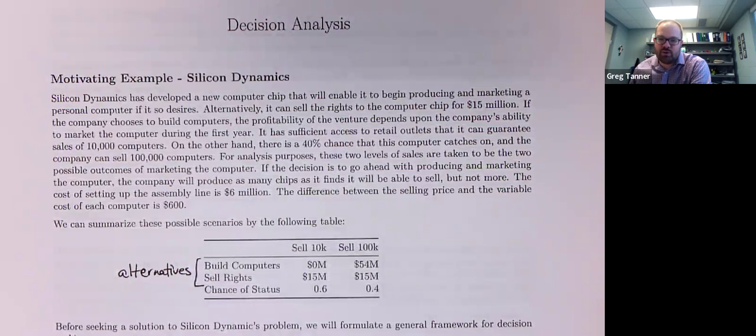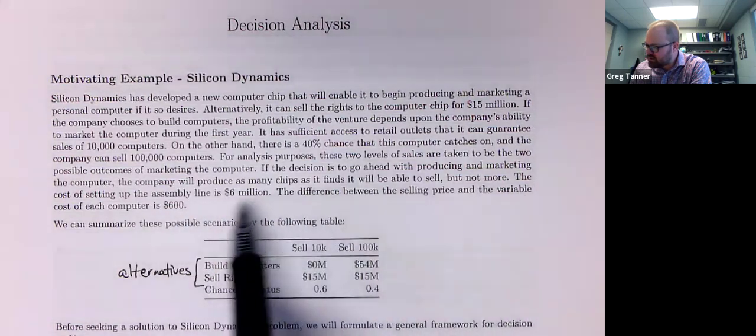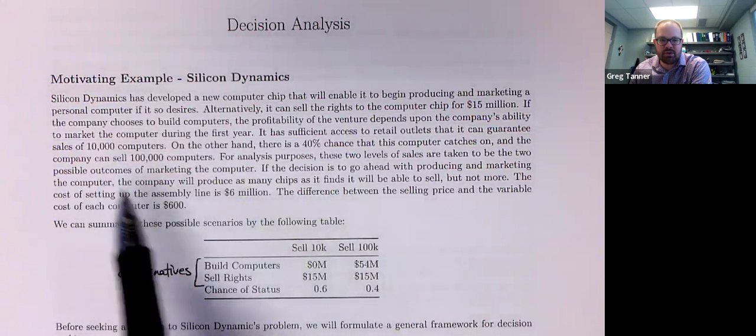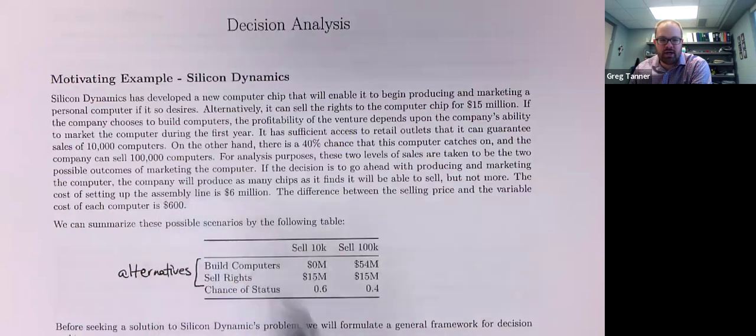This whole section is about risk and reward and balancing those. If they build the computers, they're going to have some setup costs of 6 million. And they're pretty sure that they can sell at least 10,000 computers at 600 in profit each to make back that initial investment.